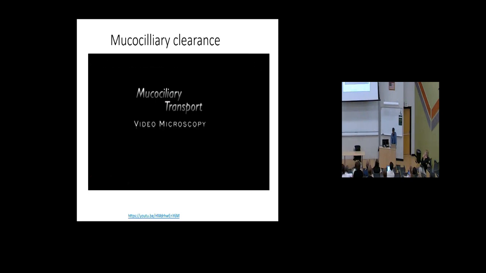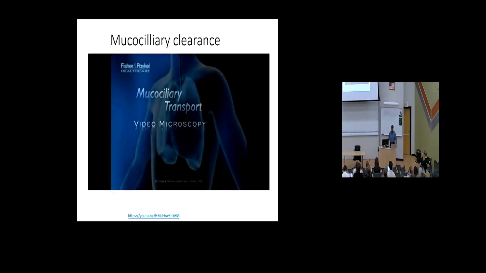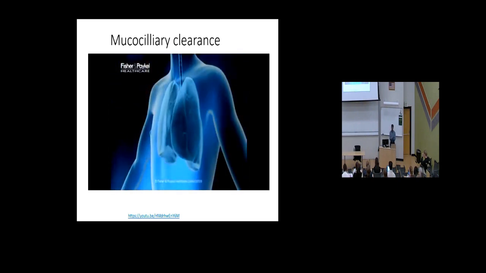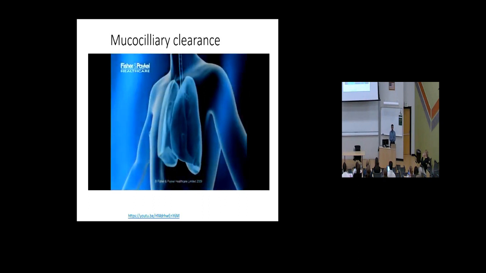Mucociliary clearance is an important part of our respiratory defense mechanism. This mucus transport system clears foreign particles and bacteria from the airways. Over the next 20 minutes, we will see in video recorded by Dr. Stanislav Tatkov how this important mechanism is affected by temperature and humidity. But let's begin by reviewing where mucus clearance fits into the human respiratory system.